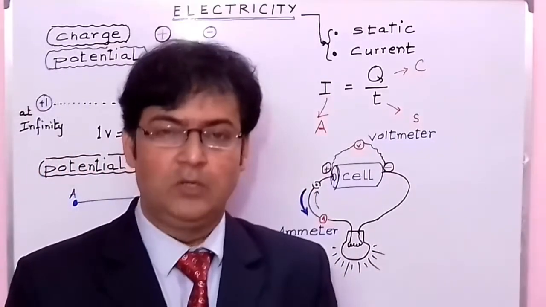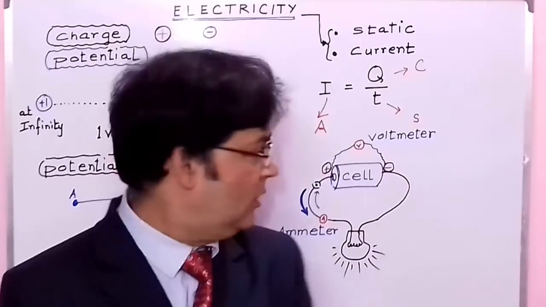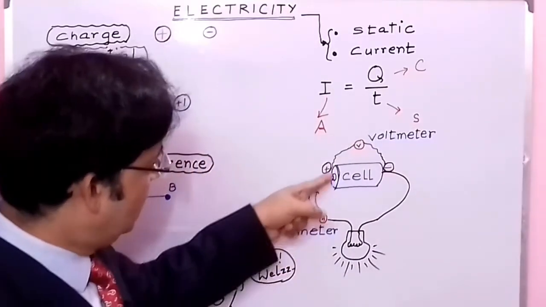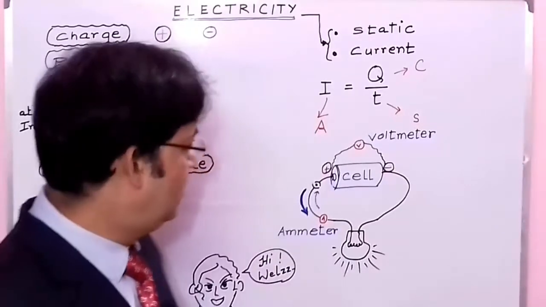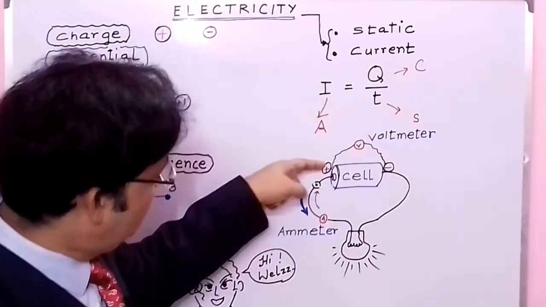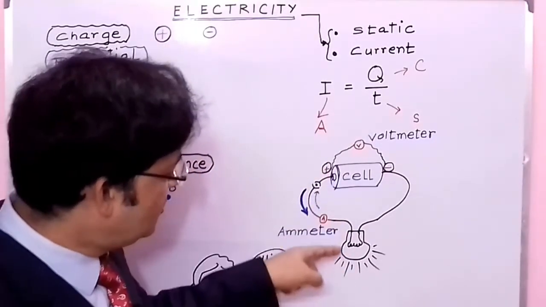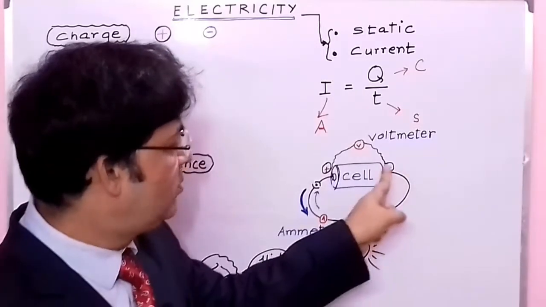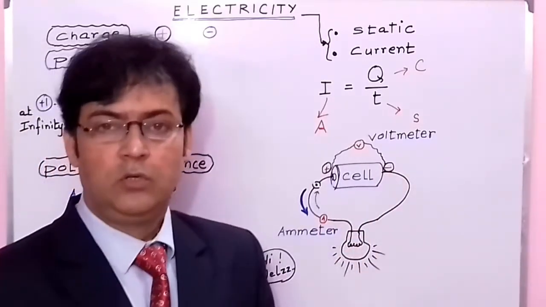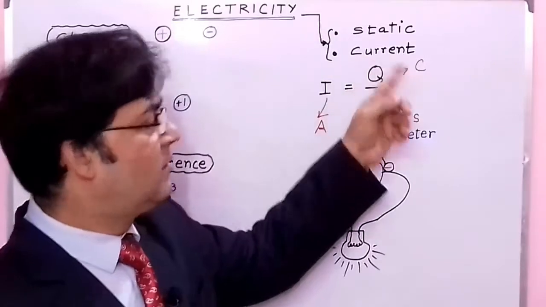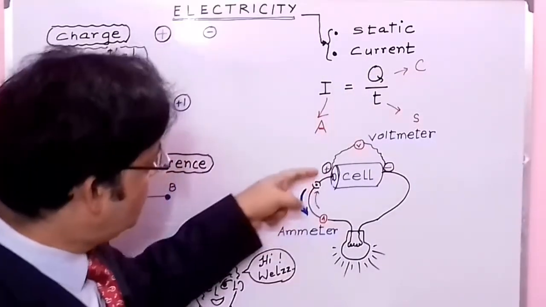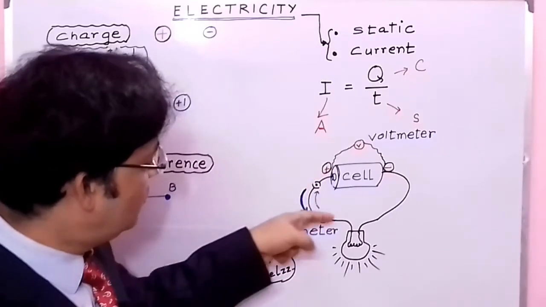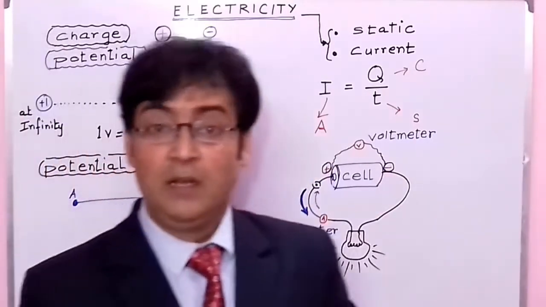Let's see what happens. The moment we join and switch on, the current flows from the positive, which we call high potential. The charges flow, pass through this bulb and come back, and it glows. So we call it current electricity, charges flowing. But in reality, positive charges do not flow. What flows then?